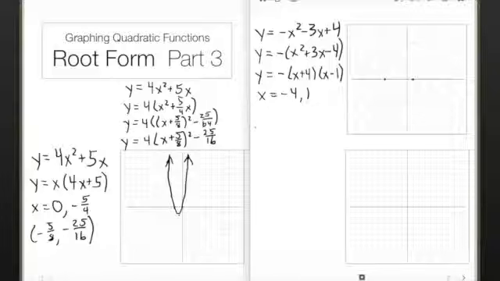So we know the vertex is going to be -3/2 and then something for y. So y will be, using this equation right here, negative x of -3/2 plus 4. That's going to be +5/2, times x of -3/2 minus 1, which is -5/2.